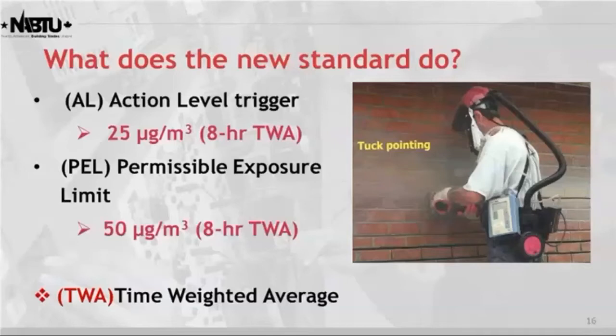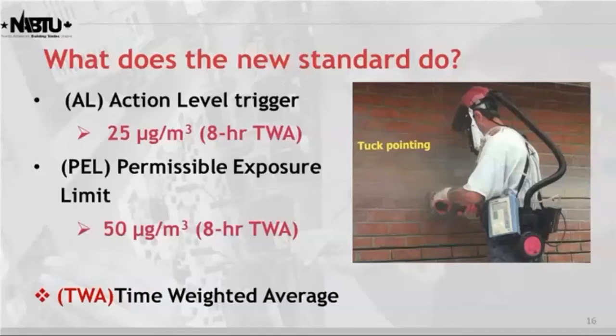And that's what we have to deal with. If a contractor is above 25, they have to have a silica control plan to eliminate that dust. They cannot have the employee reach greater than 25 micrograms per cubic meter of air in an 8-hour day. And we'll discuss how big that is in a moment.